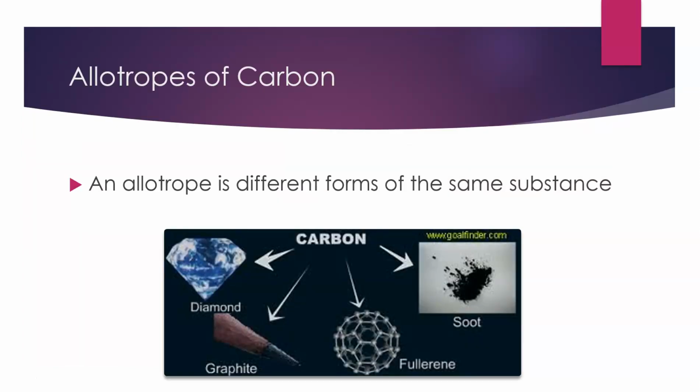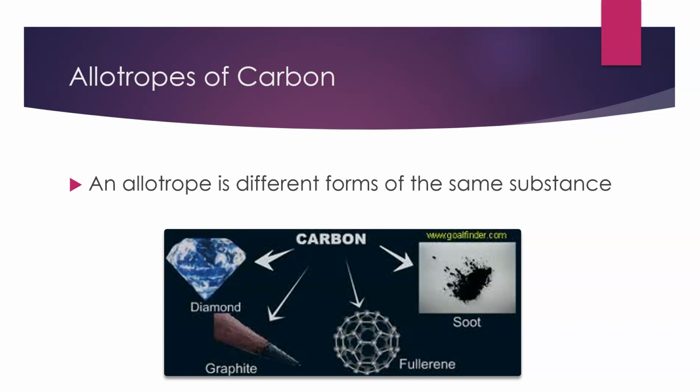All allotropes of carbon are made up of pure carbon, so they're elements, okay? Remembering that an element is something that by definition contains only one type of atom, then something that is made up of completely carbon will be an element. So diamond is an elemental form of carbon, graphite is an elemental form of carbon, as are fullerenes and soot.